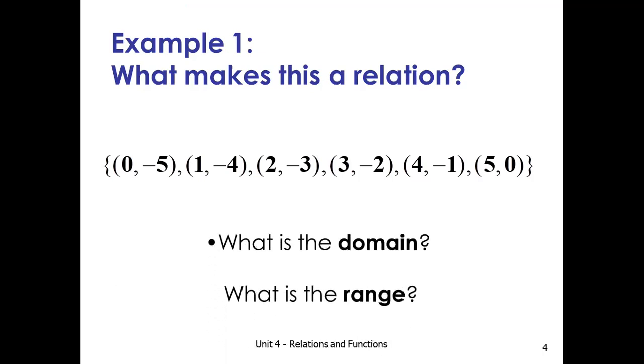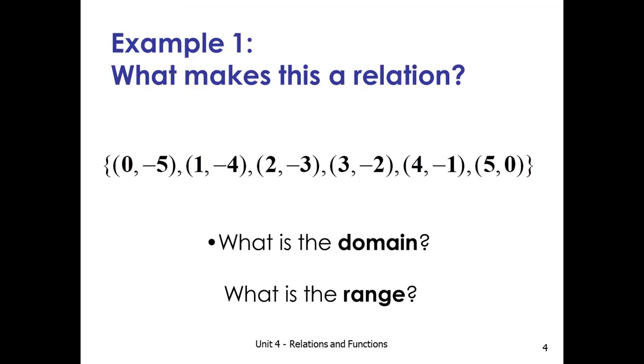First, to determine if this is a relation, we have to identify which are the domain and which are the range. I repeat, when we say range, those are the Y values, and then domain, those are the X values. So we are given X, Y coordinate pairs. Now to determine the domain, we're just going to identify the X values.